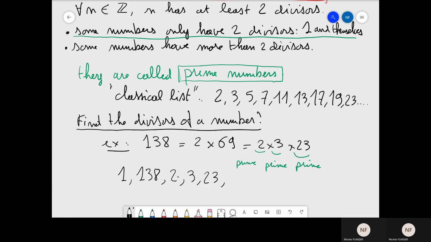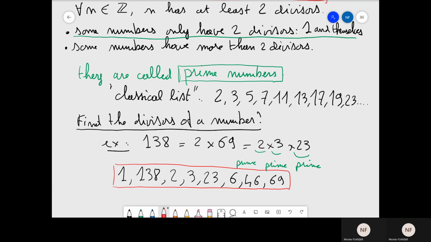Let's say that, for example, 2 and 3 are divisors. So 6, which is 2 times 3, is also a divisor. 2 times 23 is 46, also a divisor. And 3 times 23 is 69, also a divisor of 138. So we have here the list of all the divisors of 138.